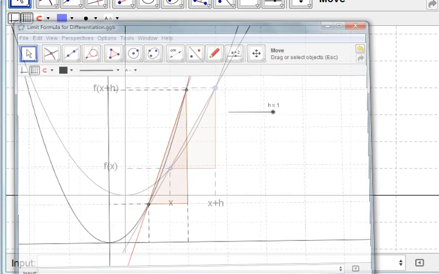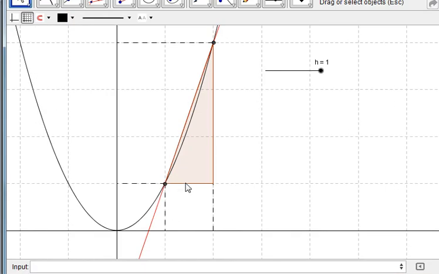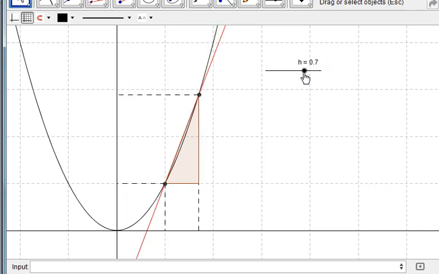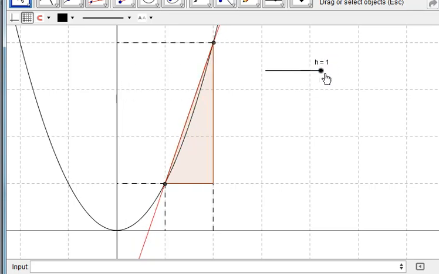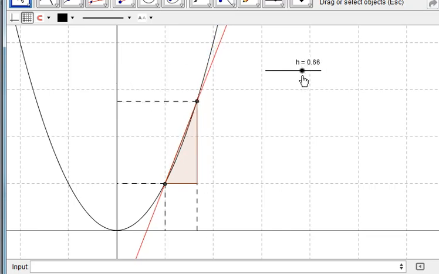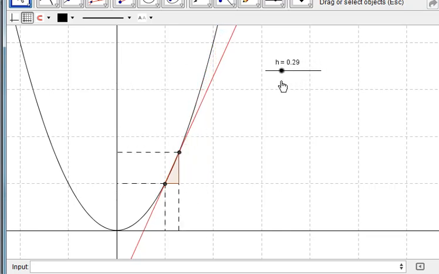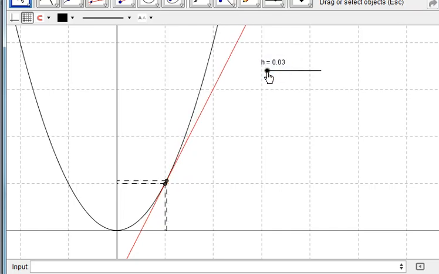If I go to a new file in GeoGebra, then I've got the distance here, h, and I'm going to make it smaller and smaller and smaller. As I do that, you can see the chord is slowly looking more and more like a tangent. It's almost becoming a tangent. So as I make h really, really small, then when it's nothing, it actually becomes a tangent.